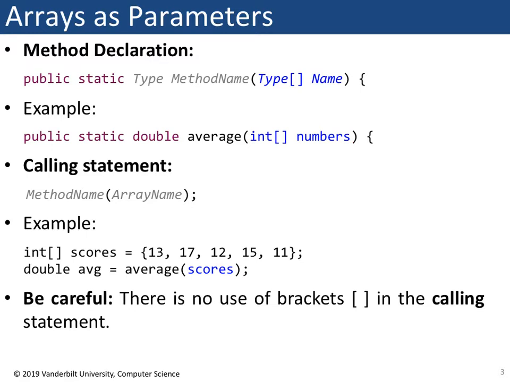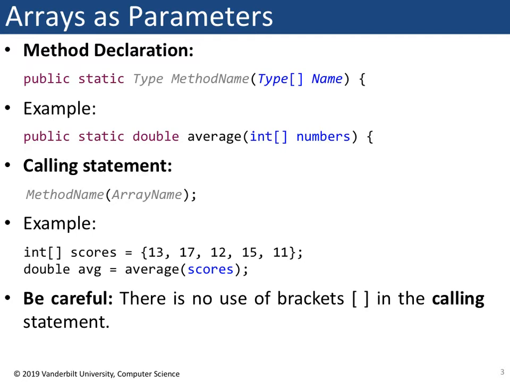So the way that you would then call this method would be method name, and then to pass in an array, you would just put the array name in the parentheses as the parameter. Notice there's no brackets in the calling statement, only in the method header.